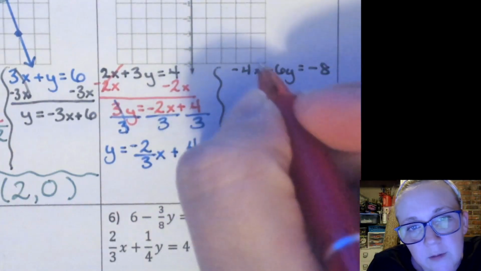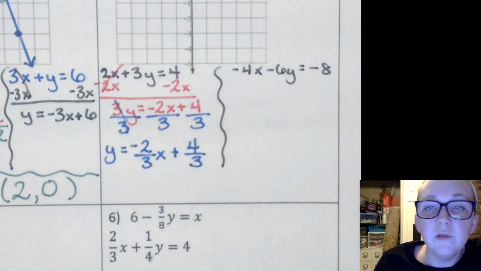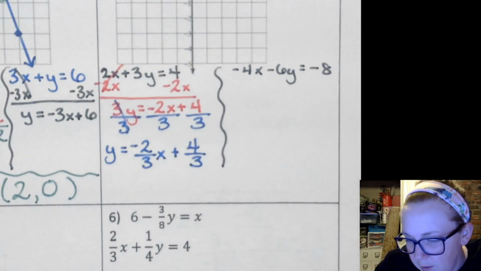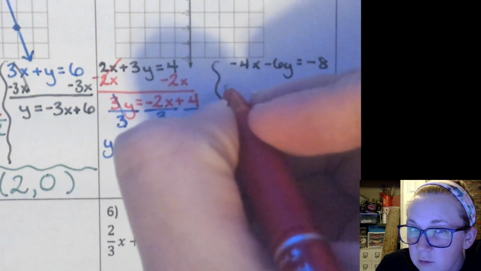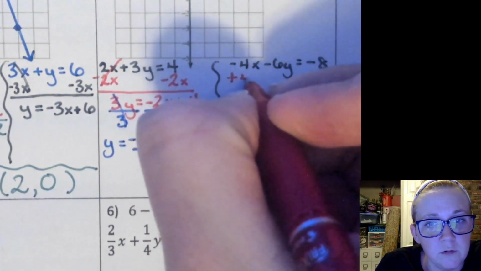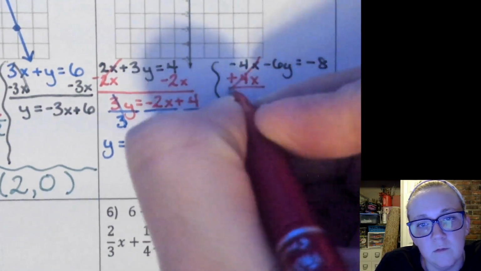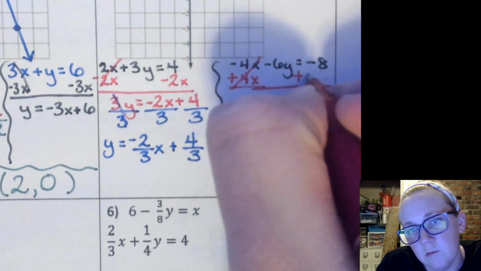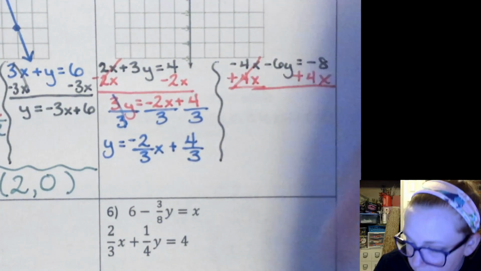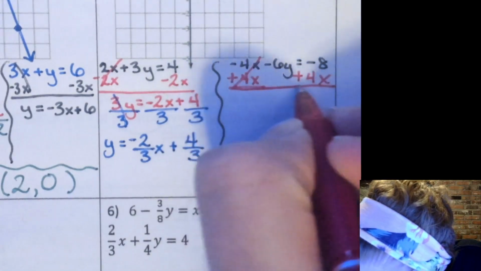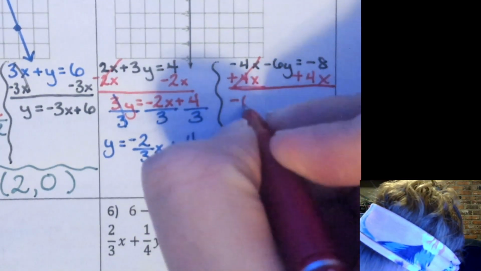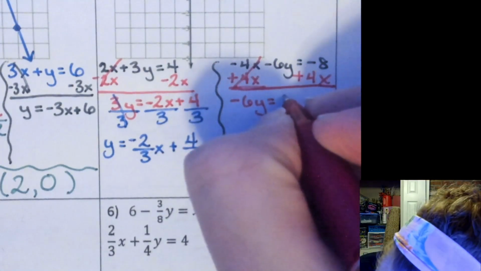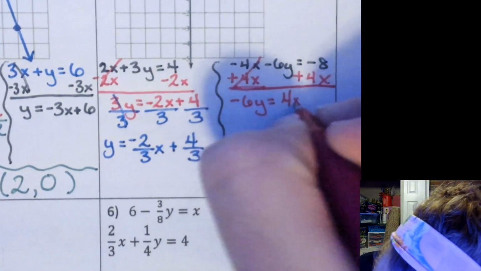Again, we're going to take that x and move it over. It says minus 4x. What's the opposite of minus 4x? Hopefully you said positive 4x.